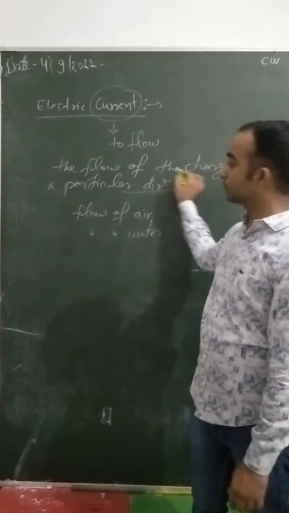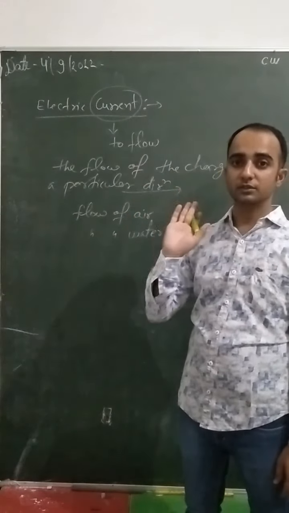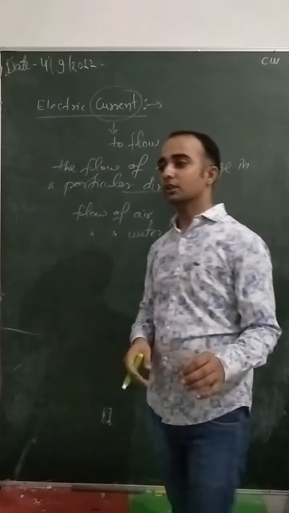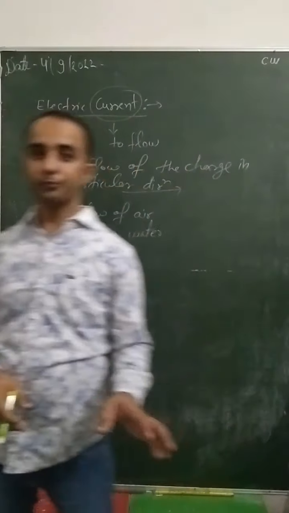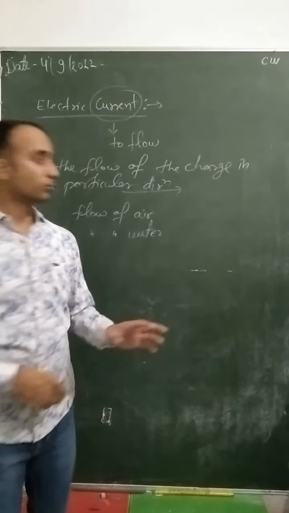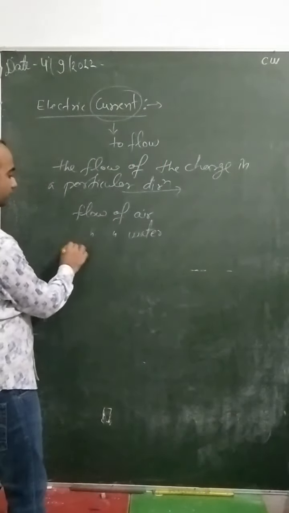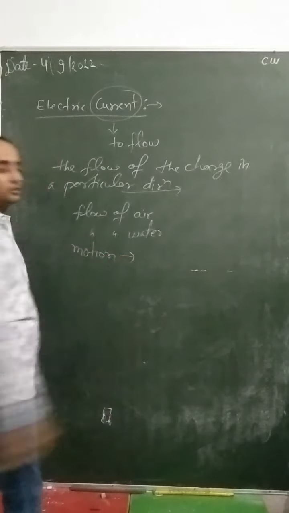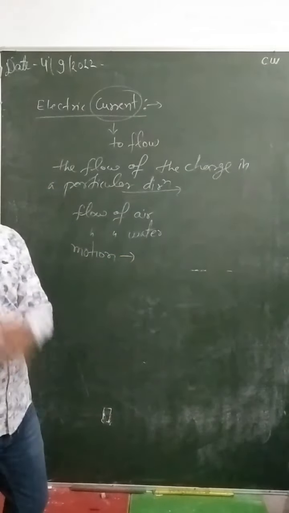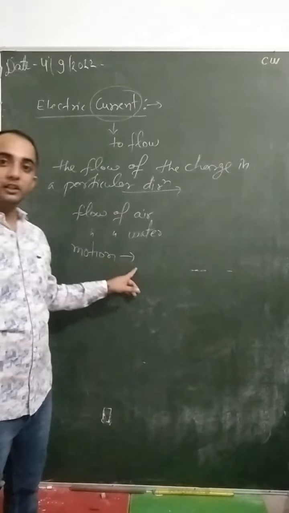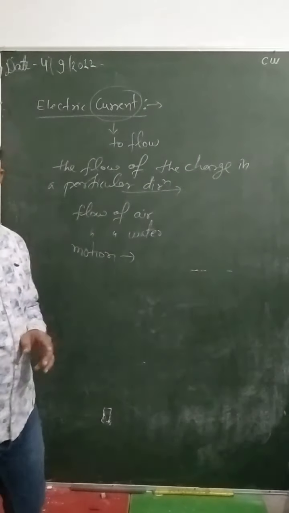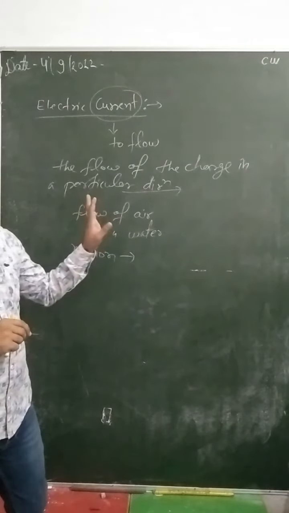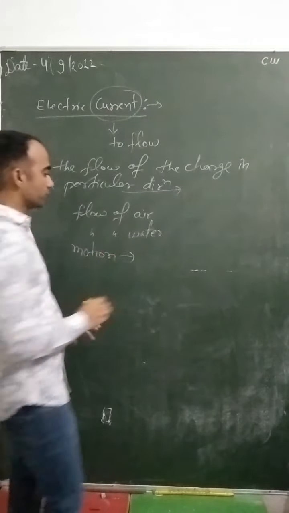Similarly, the flow of charge is known as electric current. And when any quantity is in motion, it has a particular type of energy due to motion. You can comment the answer also: what is the energy related to motion of an object?